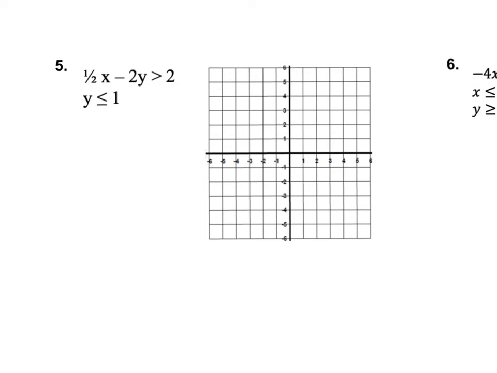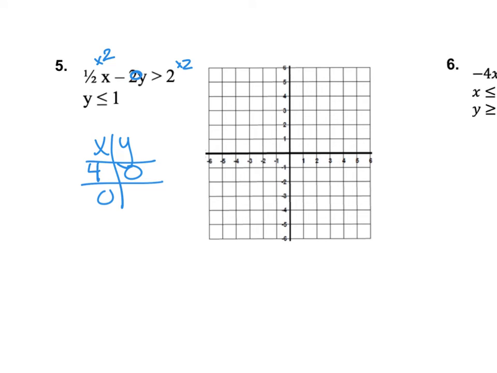All right, we have 1/2 x minus 2y is greater than 2, and y is less than or equal to 1. I'm going to use the xy table again, and 0 and 0. So when y is equal to 0, we're dividing by 1/2, which is the same thing as multiplying by its reciprocal.